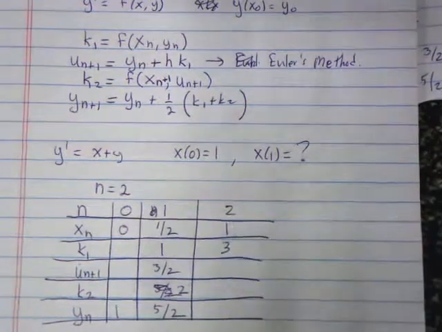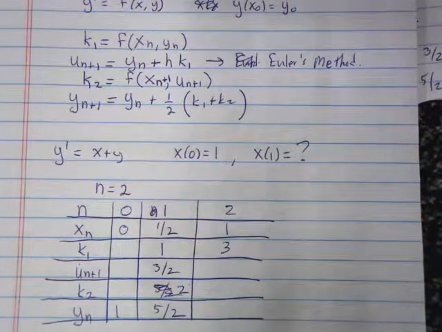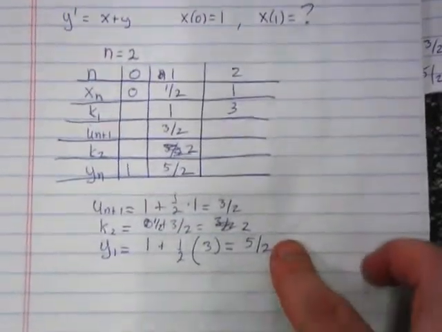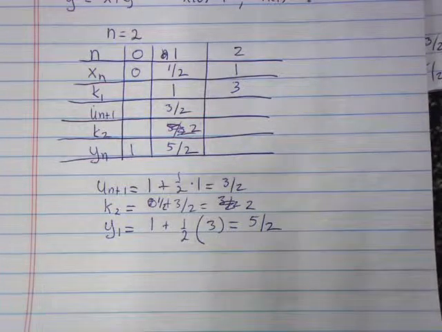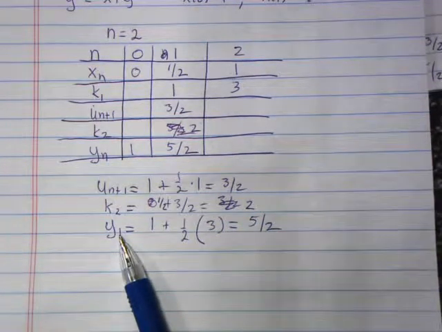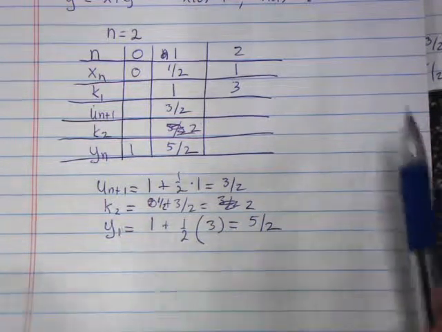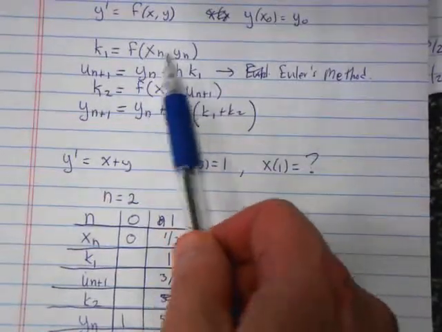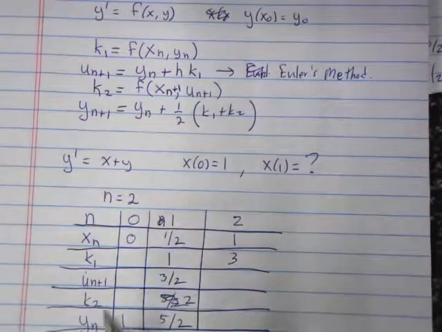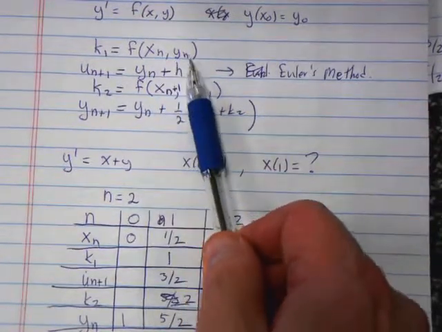Can I ask another question? You may. If you go down a little bit, so when we did K2, we did 1/2 plus 3 halves. So it shouldn't be x2, it would be 1. Well, remember, we're trying to find y sub 1 at this point. So whenever I have x sub n or y sub n, I'm using x sub 0, y sub 0. To find y sub 1, I use x sub 0 and y sub 0.